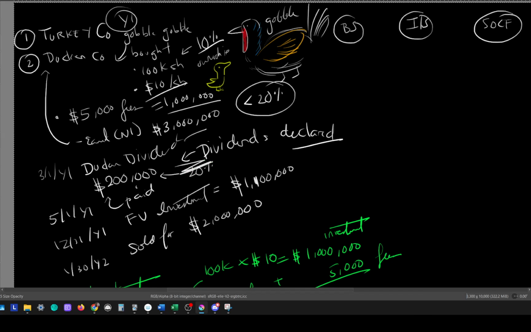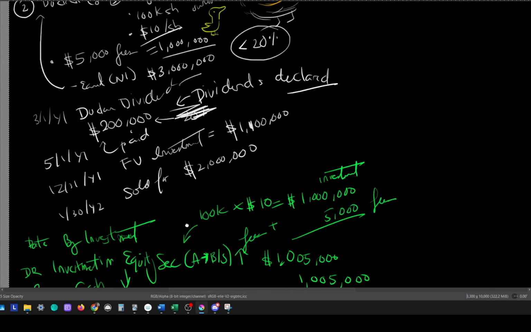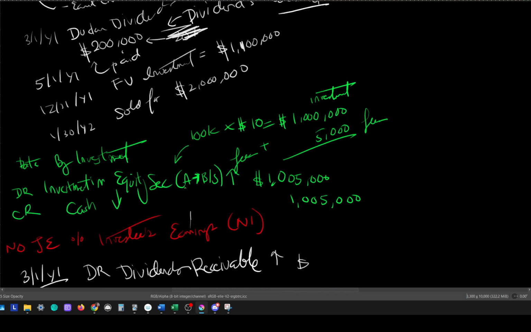So what I'm going to do, suppose it's 200,000 of dividends declared by Deccan. We take 10% of this amount. Sorry, this is what happens when you don't think about the examples all the way through. So we know that it was $200,000 of dividends declared. This is not just the dividends going to Turkey Company. This is for all shareholders. There we go. We are on the right track now.